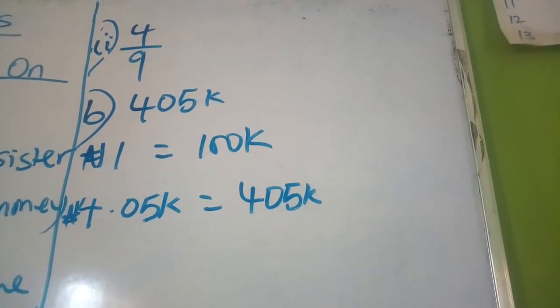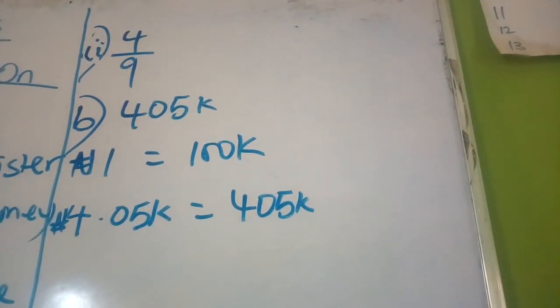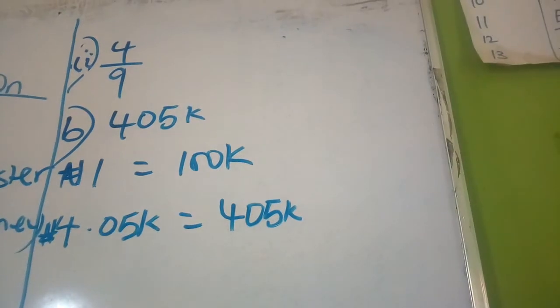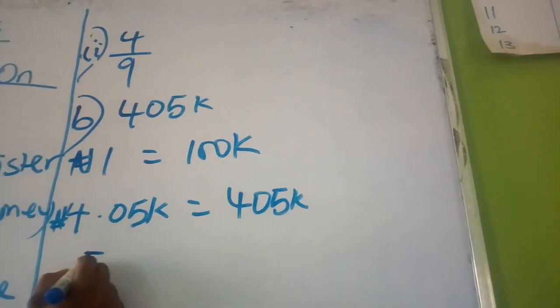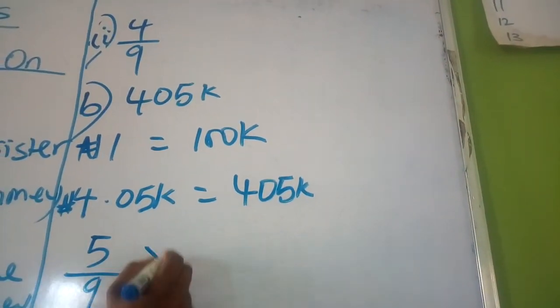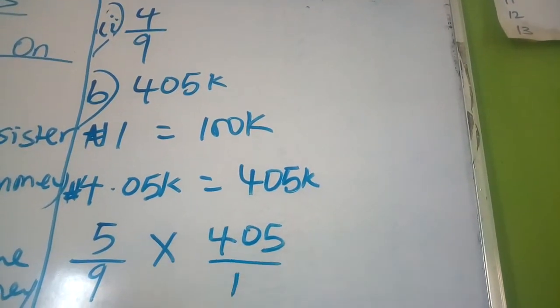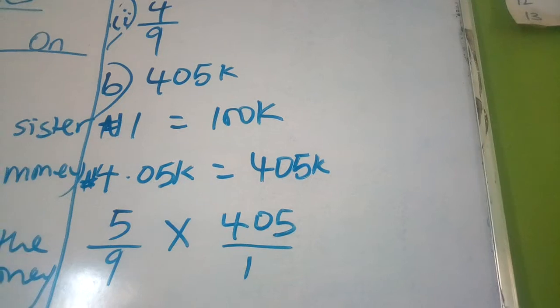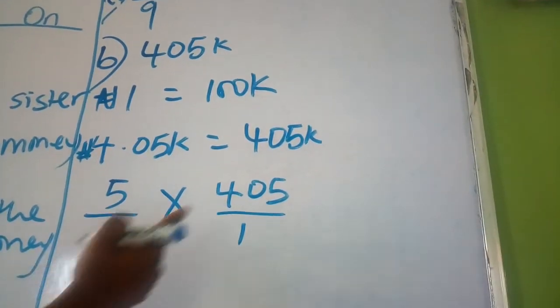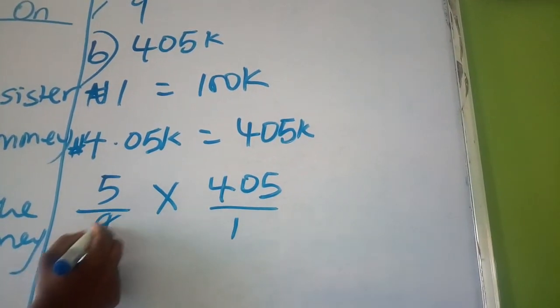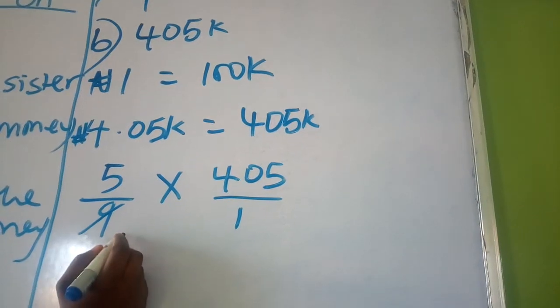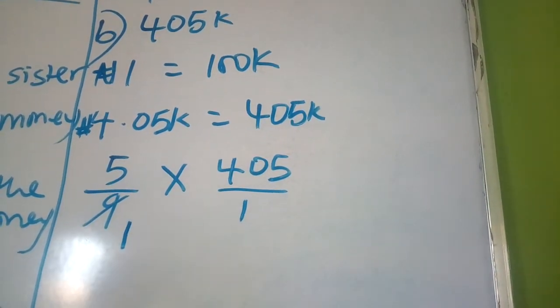Now because we have the share of the boy to be 5/9, we say 5/9 times 405 kobo over 1. Is that clear? Very good. Now we have to divide. Now 9 here is how many times? 1 times, isn't it?